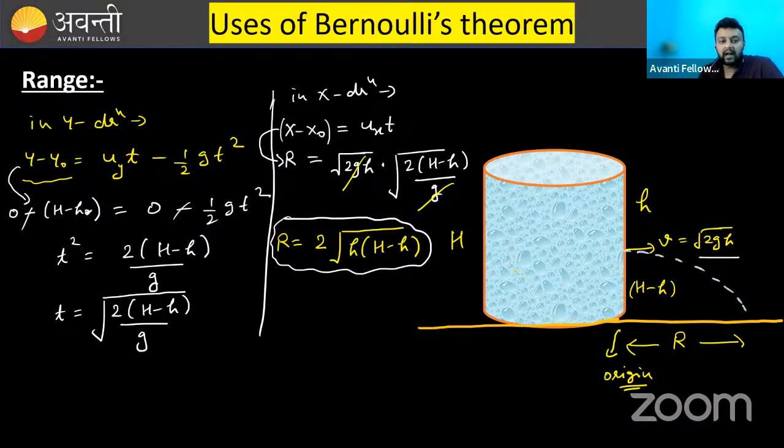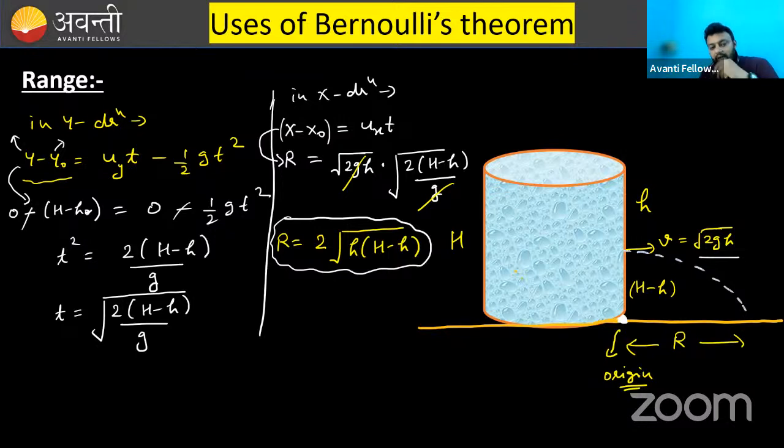Y is the final position, y naught is the initial position. X is the final position, x naught is the initial position. That's how displacement is written, final position minus initial position. And all the positions are taken from the origin, and I have considered the origin at this point. So the range is on your screen. I think it is clear to you.